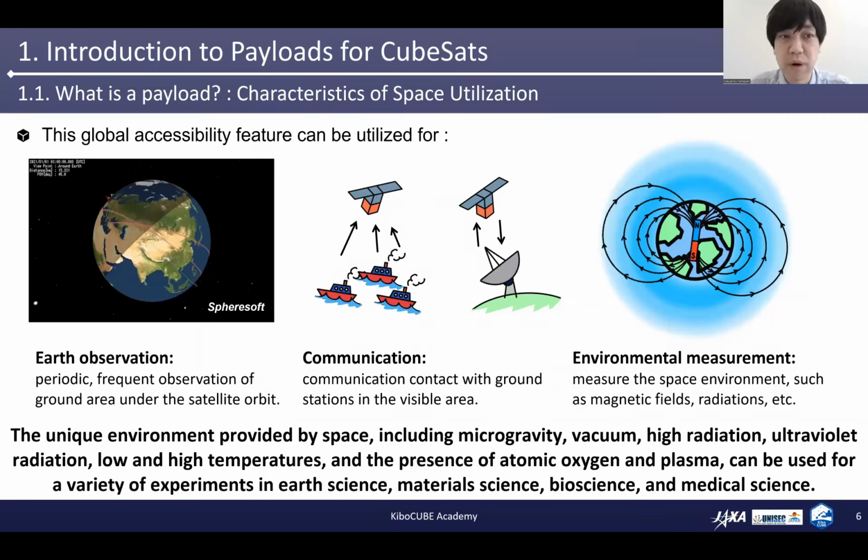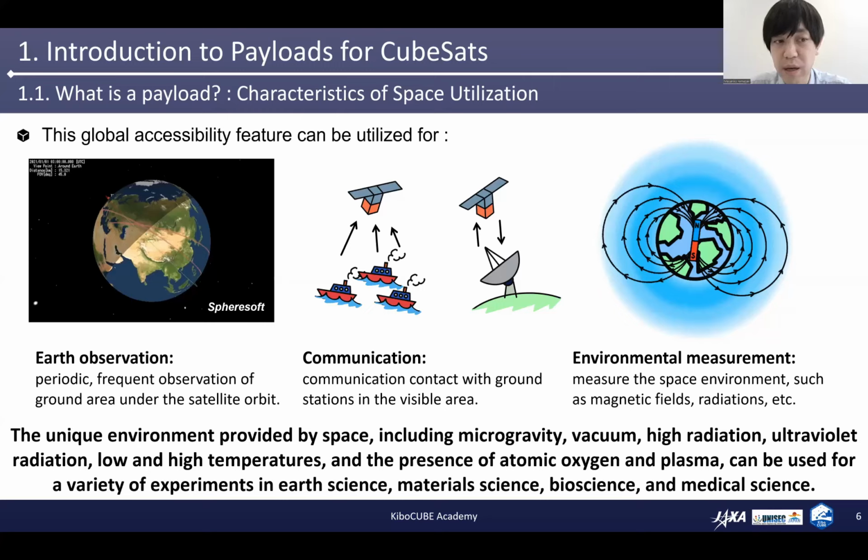This feature of global accessibility can be utilized for Earth observation, communication, and environmental measurement. You can conduct periodic frequent observations of ground areas and the satellite orbit. You can have communication contact with ground stations in the visible area. And you can measure the space environment, such as magnetic field, radiations, etc.